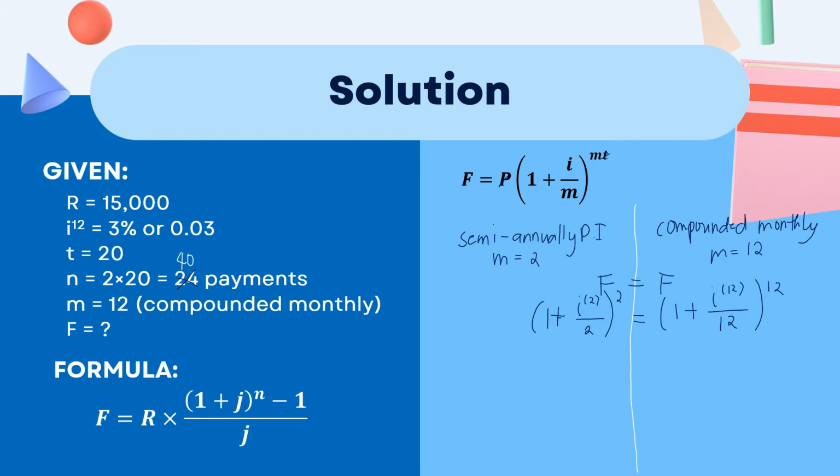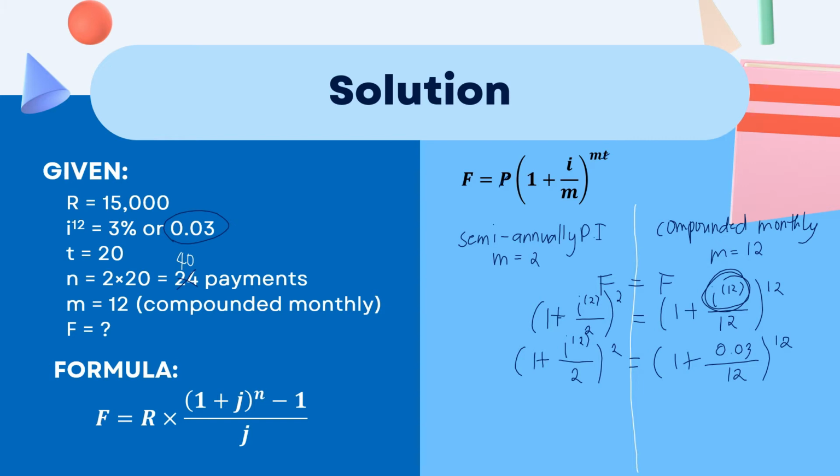Then, meron po tayong interest rate, compounded monthly, that is 0.03. So, substitute lang po natin: 1 plus interest rate semi-annually is equal to 1 plus 0.03 over 12 raised to 12.